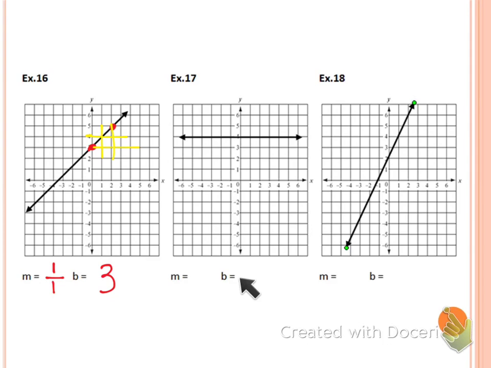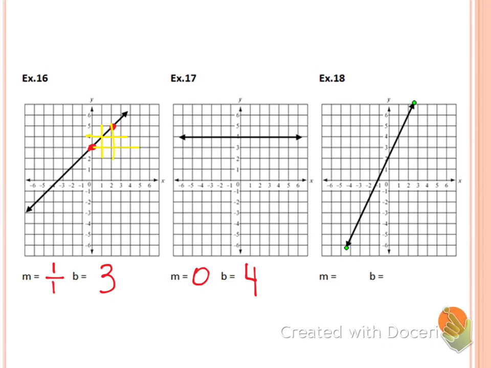I was asking for the y-intercept, or the b. 4. Very good. And like we just said, our slope is going to be 0. It is a horizontal line. We do not have to write it as a fraction because it's going to simplify to 0 either way. Questions on 17? That one should have been quick and easy.